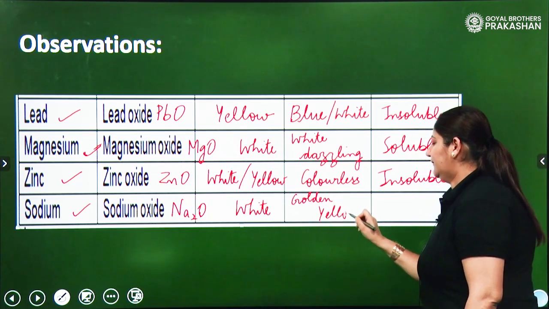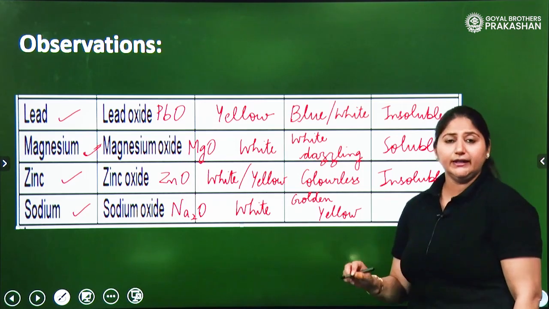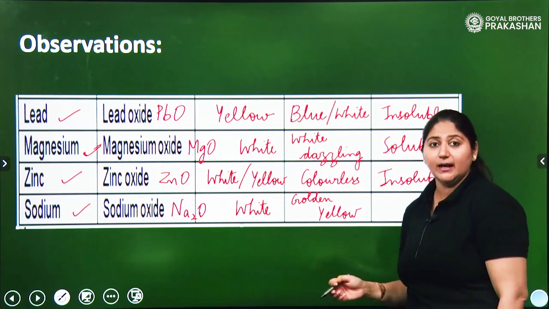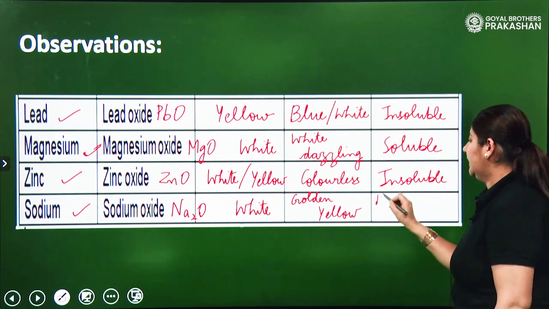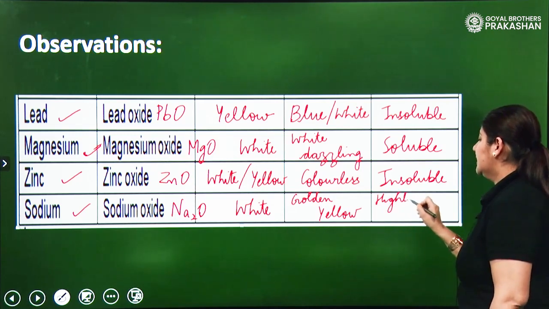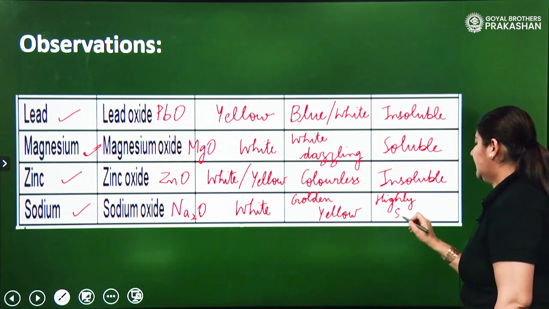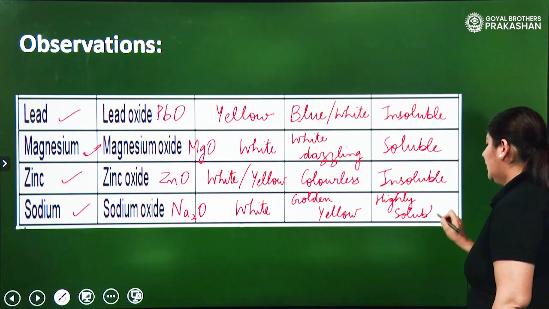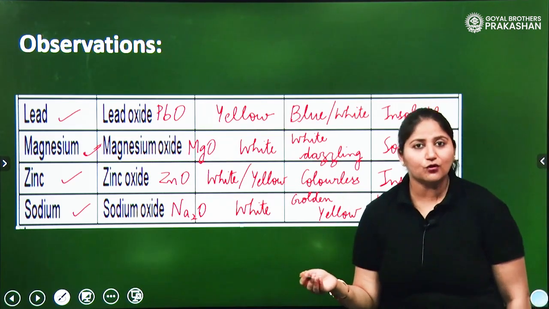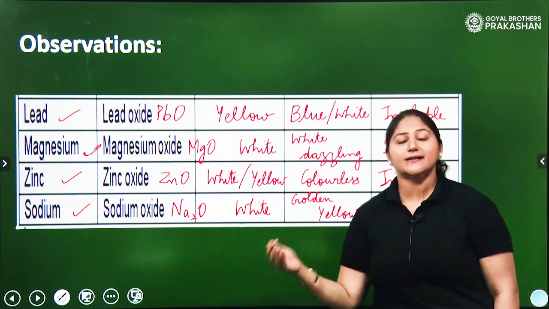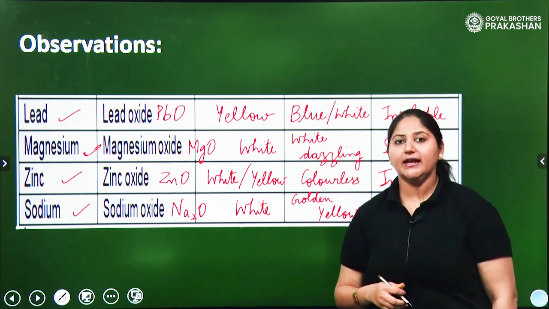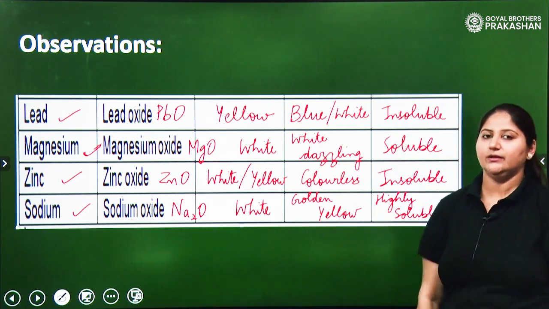Golden yellow flame. And sodium oxide is highly soluble in water. Why? Because as soon as it is dissolved in water, it forms sodium hydroxide, NaOH. Yes, that's why it is very much soluble in water.